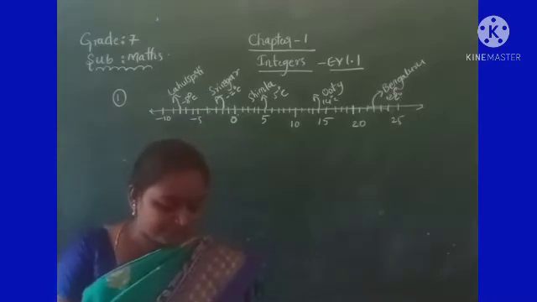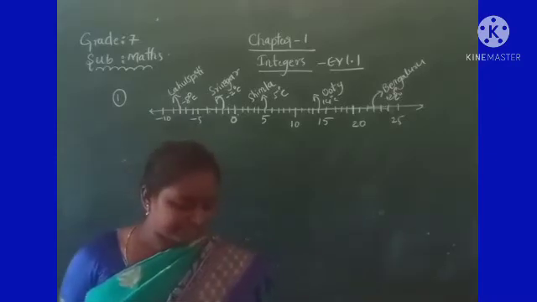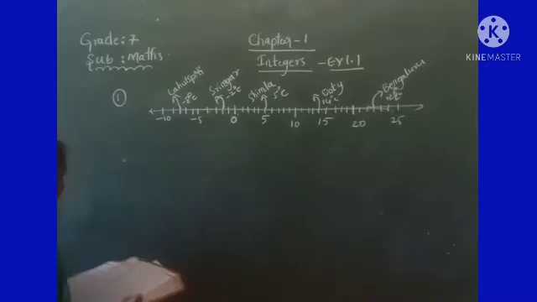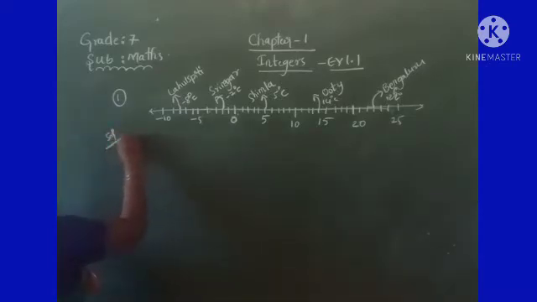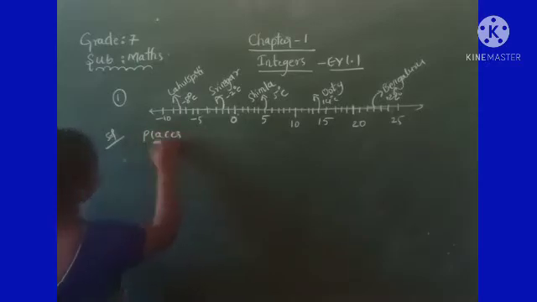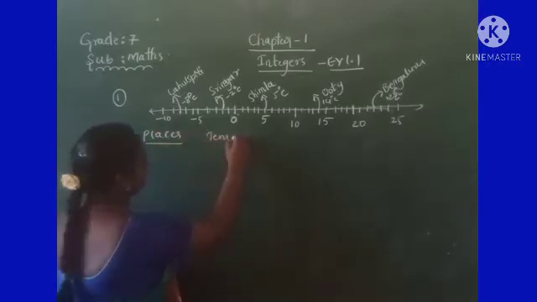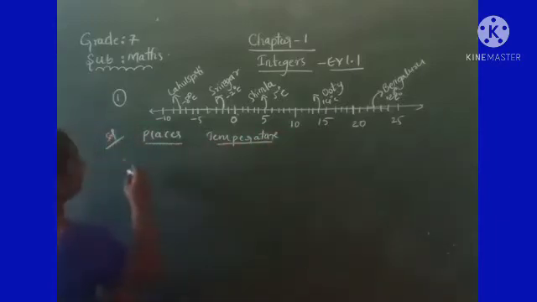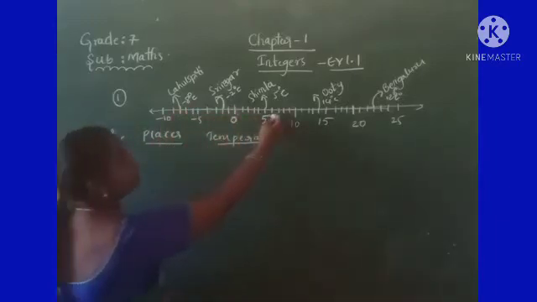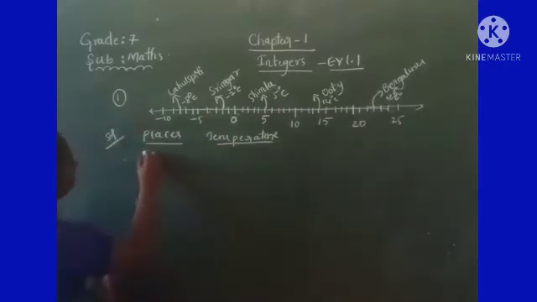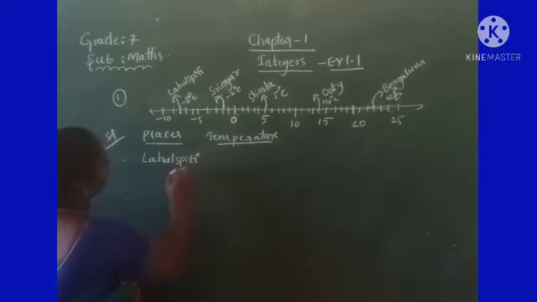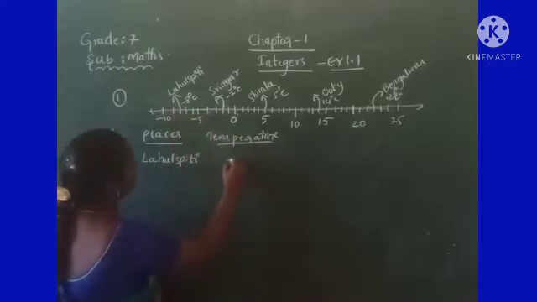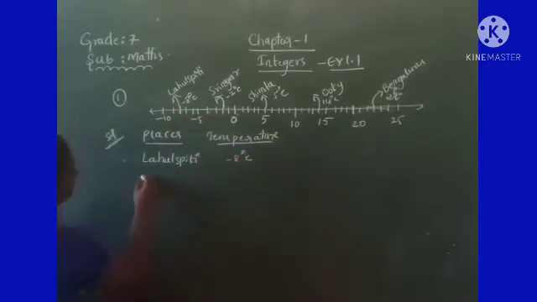Okay, so we have to write everything stepwise, the temperature of places. Here you write the name of the place and its temperature. First, Lahul Spiti: the temperature is minus 8 degrees Celsius.